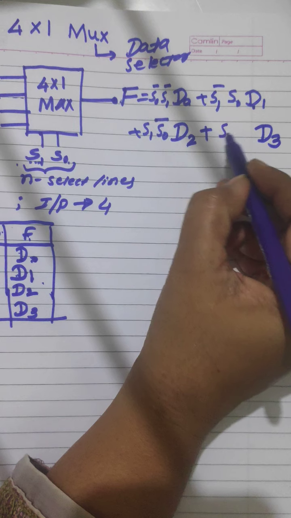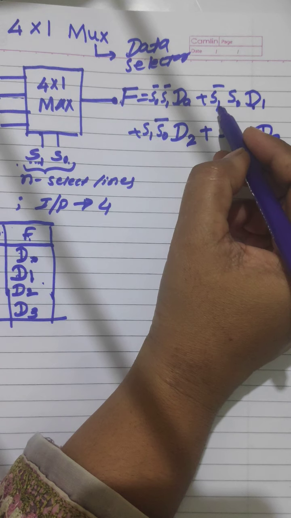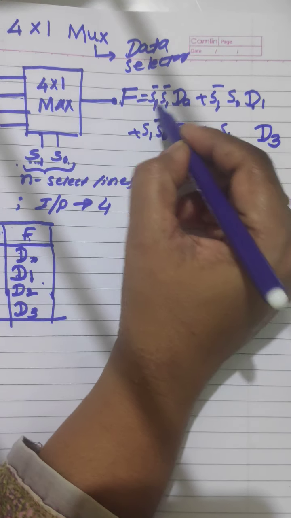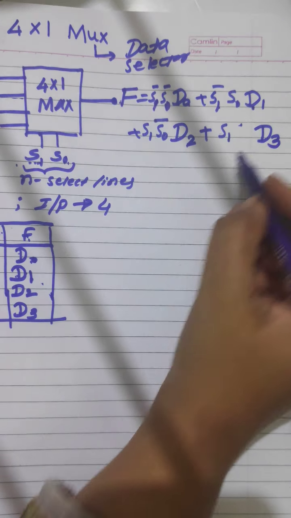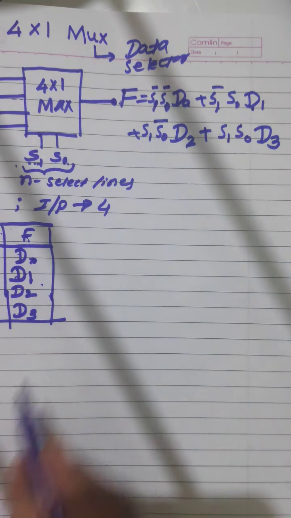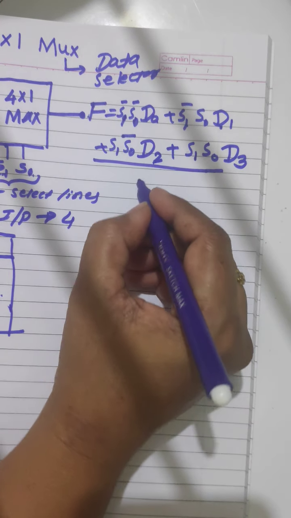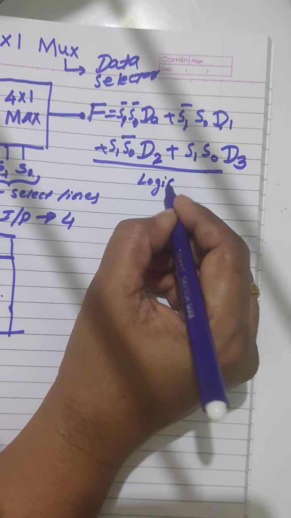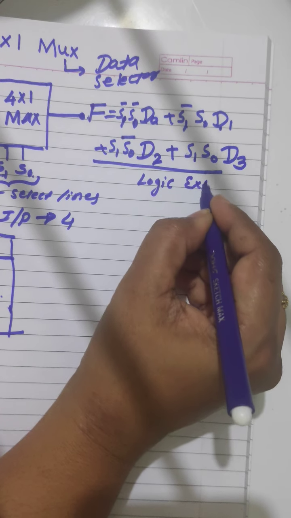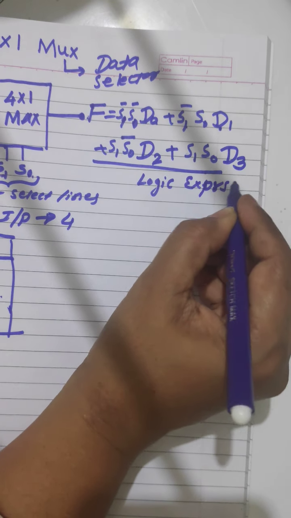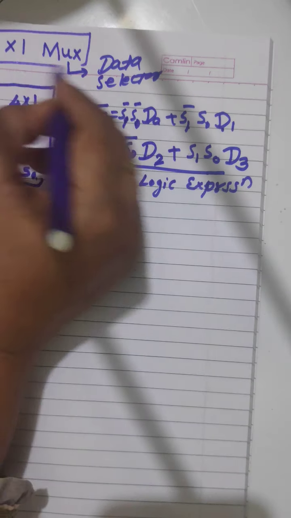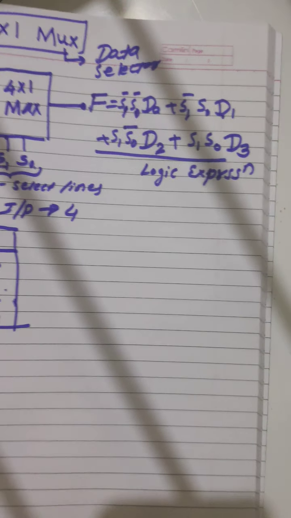So it is S1 and S0. Okay, so this is our logic expression for 4x1 MUX, and this is our truth table.